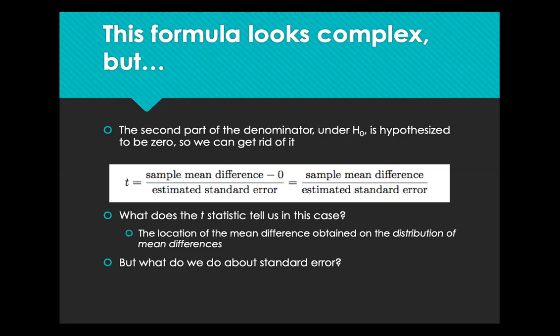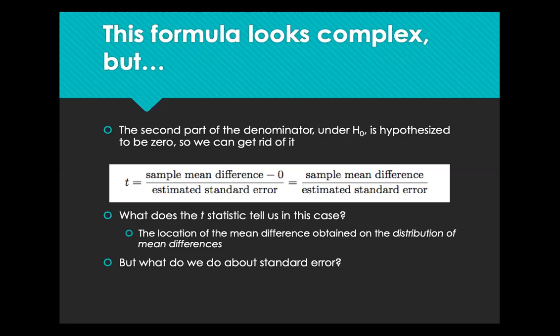And then we're subtracting the population mean difference, right? So the population mean of group 1 minus the population mean of group 2. According to the null hypothesis, if it is true, the population means are not different. They would be the same, and the difference between two means that are the same is 0. So we can just get rid of that. The sample mean difference minus 0 is just the sample mean difference.